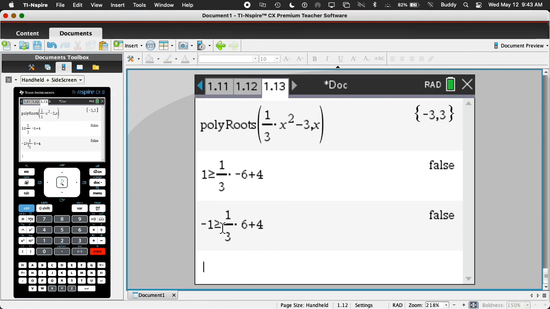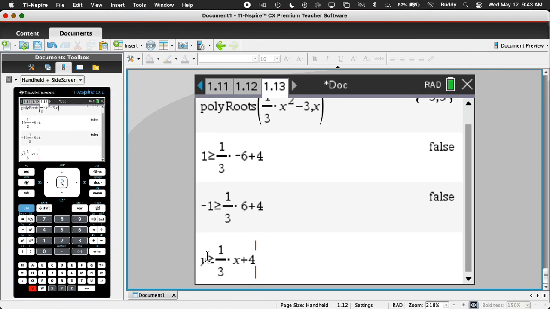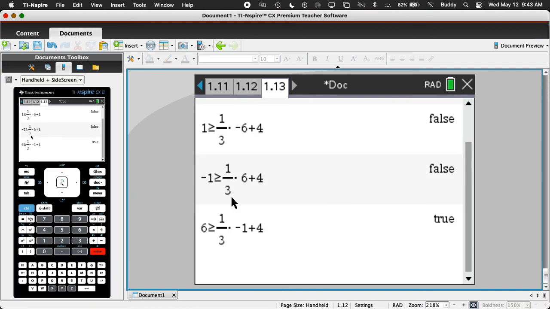Oh, I flipped them around. Wrong way. Okay. Sorry. Over here would be +6 and -1. This one is B. True. That's the answer that we got.